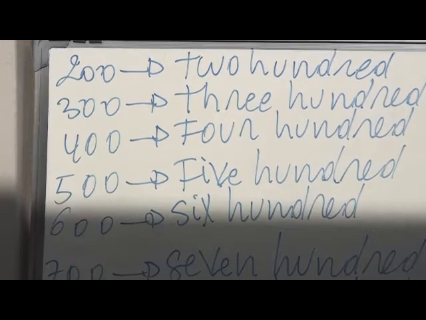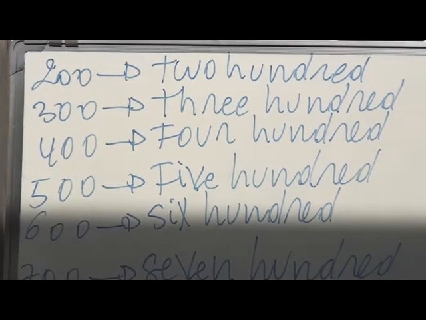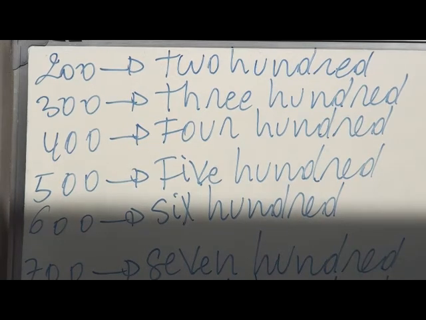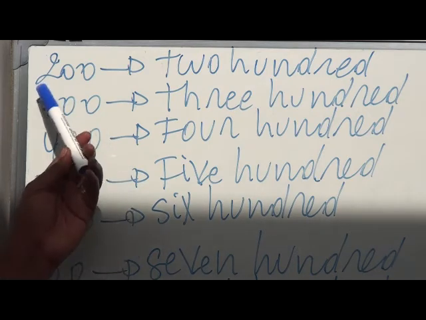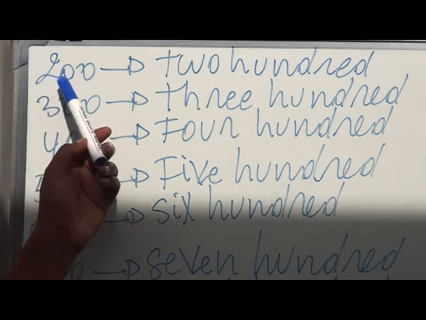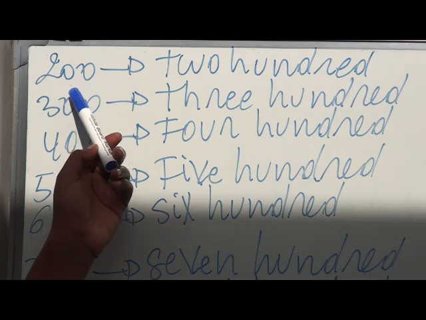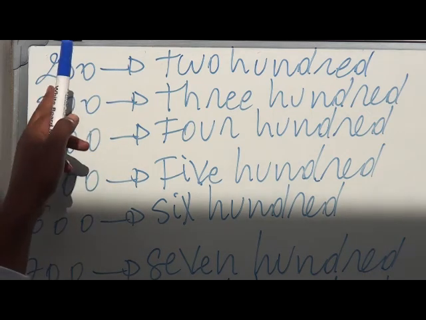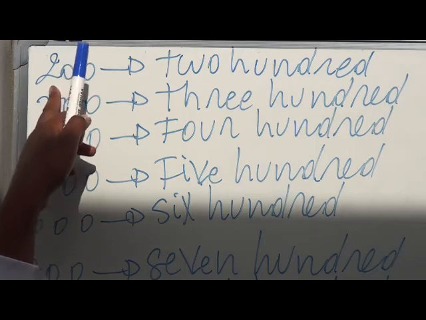When we have three numbers and the last two ones are 0, we read the first number, and those two zeros we say hundred. I repeat again, when we have three digits like this and the last two digits are 0, we read the first number, and those zeros we say hundred.